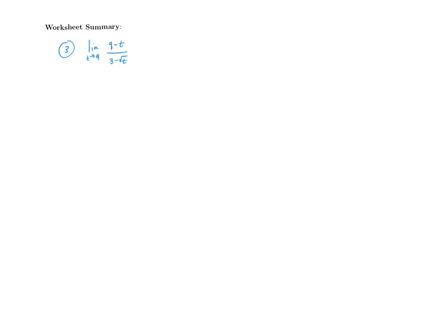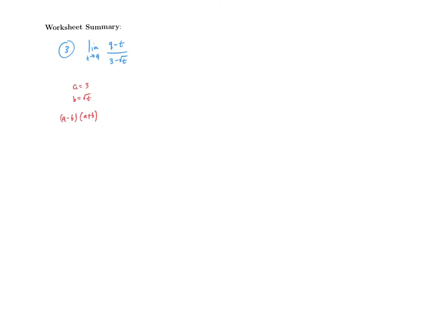What we are going to do is multiply by the conjugate over the conjugate. So we're going to think in this case that our a value is 3, our b value is square root of t, and remember the conjugate of a minus b, which we have as our denominator, would be a plus b.